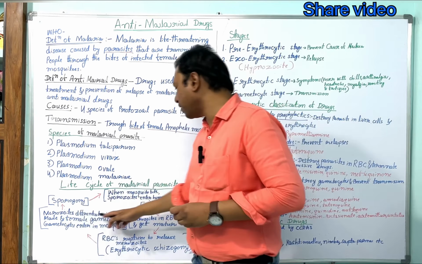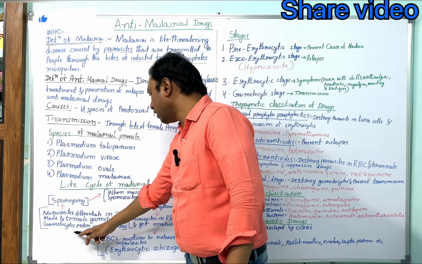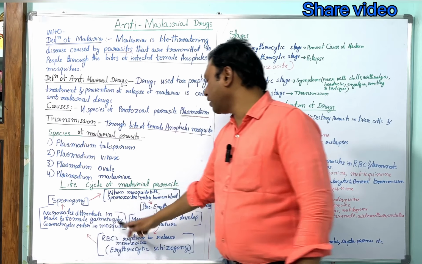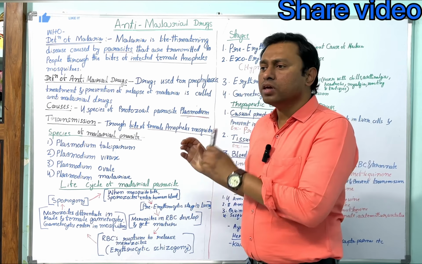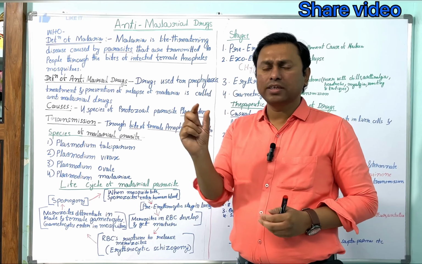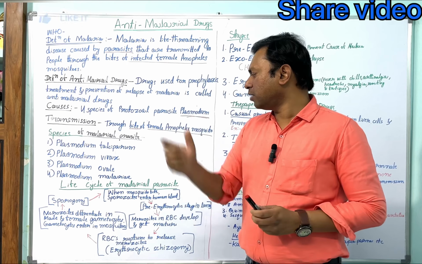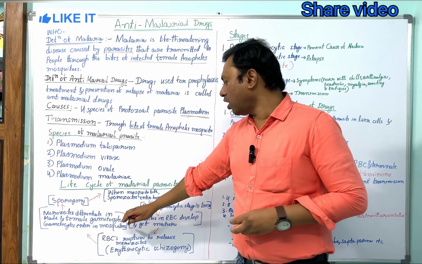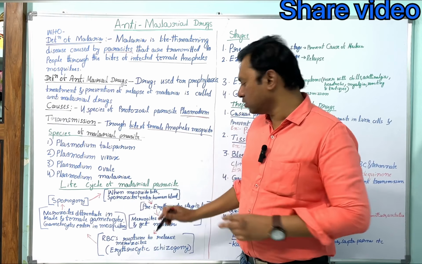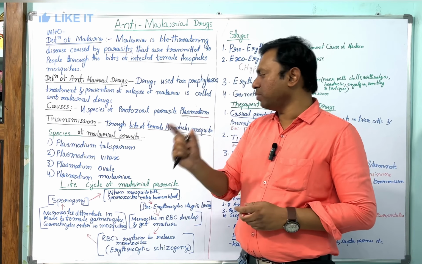The merozoites differentiate into male and female gametocytes, and those gametocytes enter the mosquito. What it means is that in the red blood cells, when ruptured, the male and female gametes are produced at that stage.